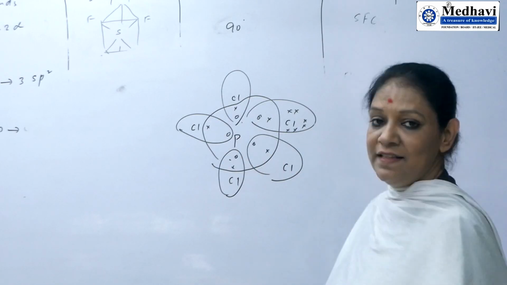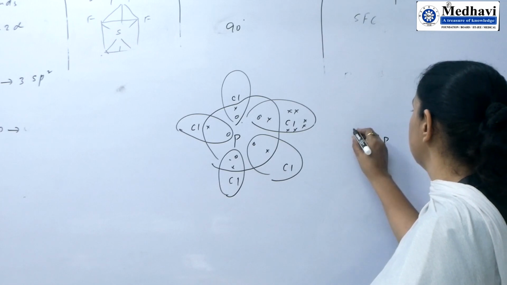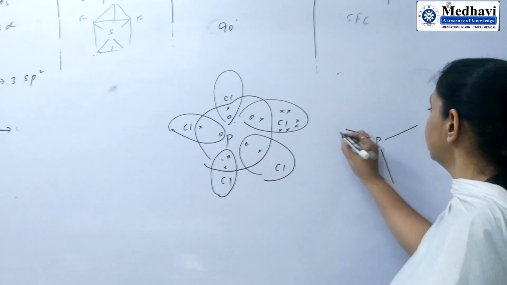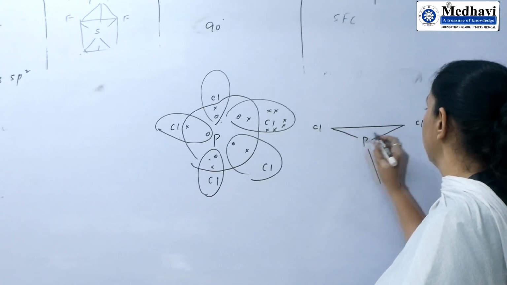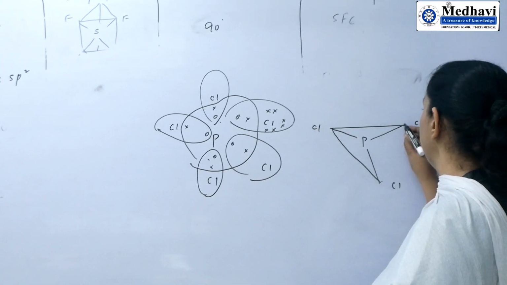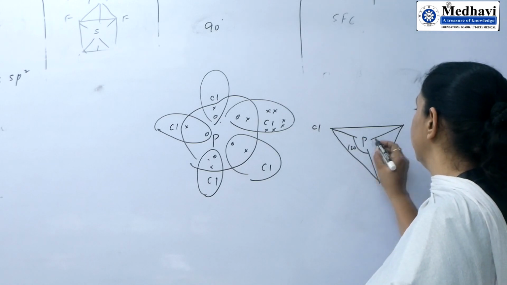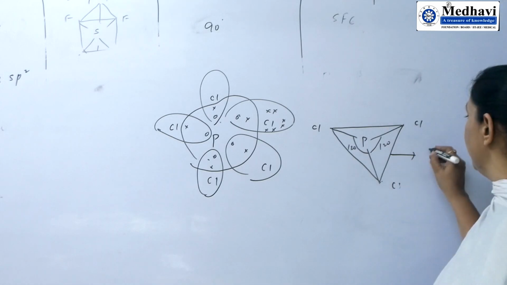So here 5 bonds are there. So 3 bonds will arrange like this. This bond is known as equatorial bond and it will make an angle of 120 degree. This bond is called equatorial bond.